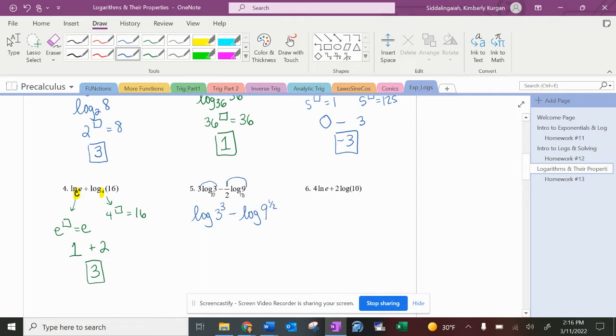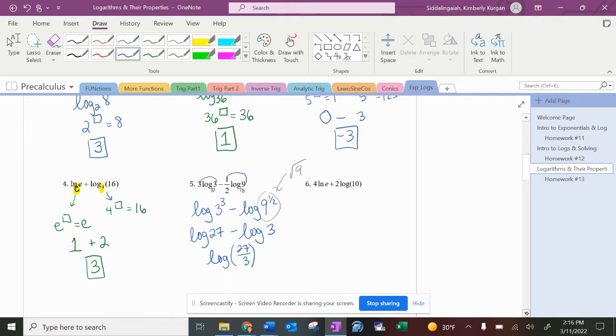Okay, so 3 to the third, that's 27. 9 to the 1/2, well, think of this as square root of 9. So that means this is going to be log of 3. Well, now I can push these two logs together. Subtraction means I have to divide on the inside.